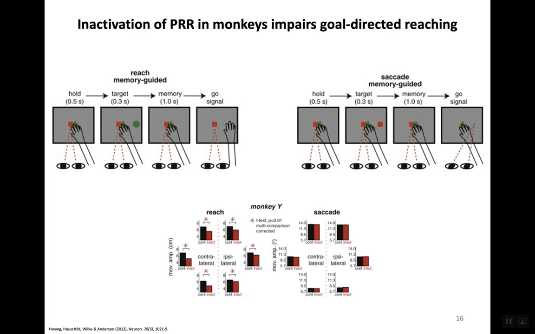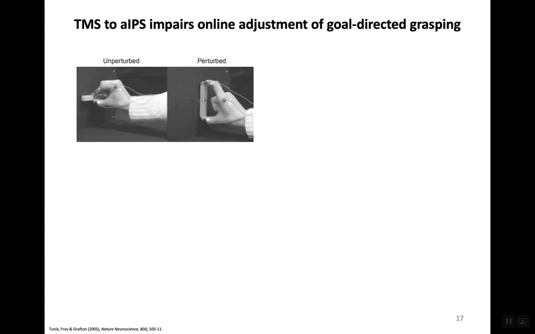Okay, so then let's see what happens if instead of targeting the PRR, we target the anterior IPS, the intraparietal sulcus, which we believe is responsible for grasping. And as mentioned earlier, one aspect of grasping, which is very well documented, is the aperture of the hand.